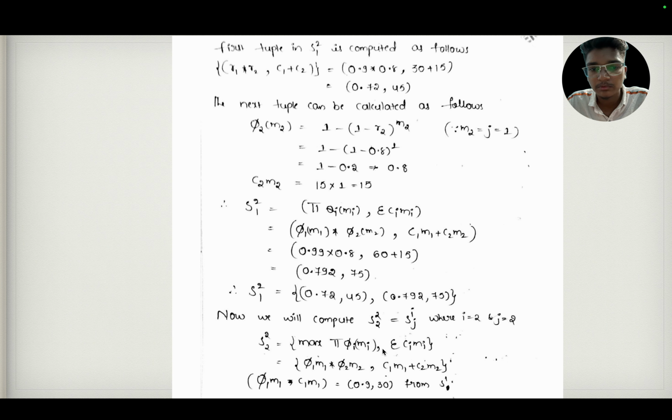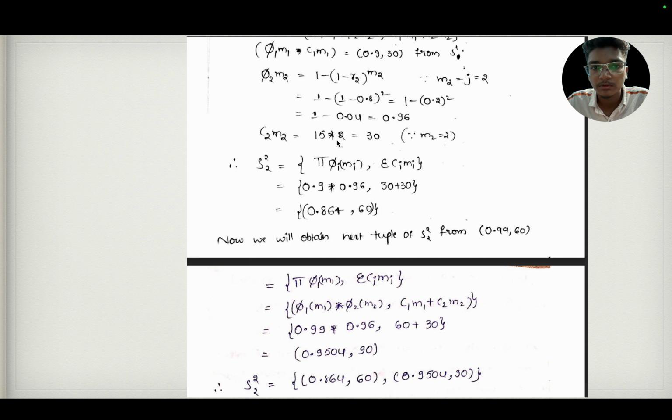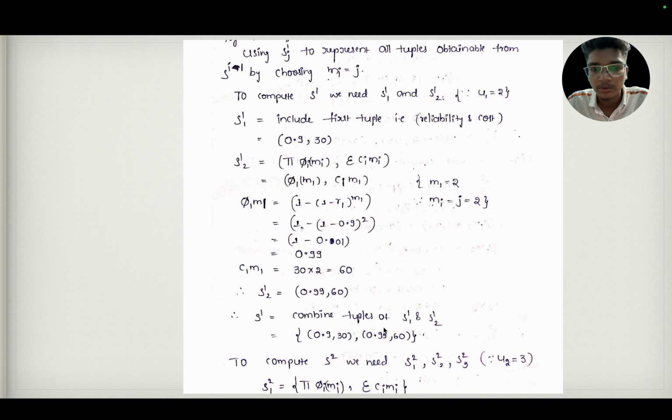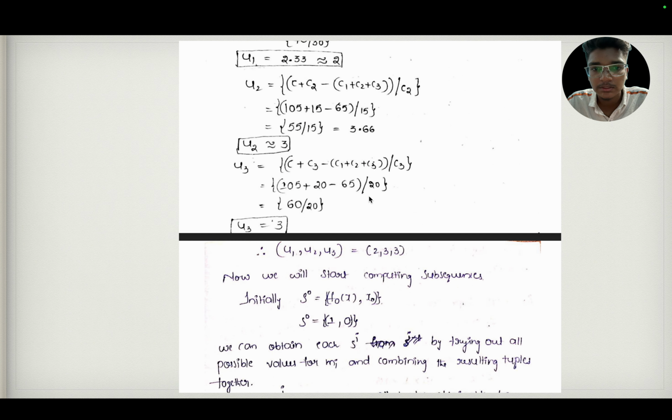This is the tuple we got, and now we'll compute S2 of 2, for which we need to multiply with the previous one. Here m2 equals 2 and the whole square, and here we got the computed value with the tuples 0.9 into 0.96. Let's go back and see where we got the 0.96.